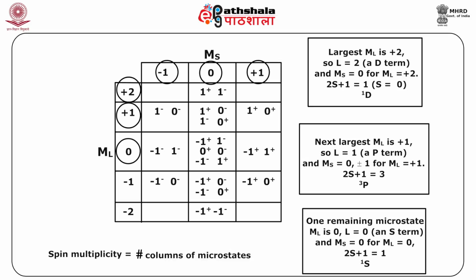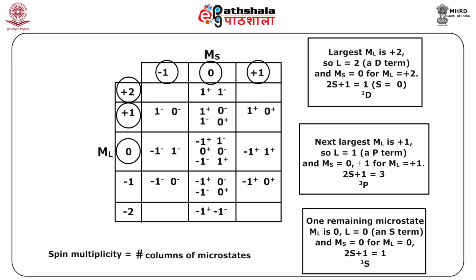This gives us a 2S plus 1 value of 3, giving us the triplet P term. The remaining microstate ML is 0, suggesting an S term with MS value of 0, and 2S plus 1 now gives the value 1, suggesting the singlet S state.